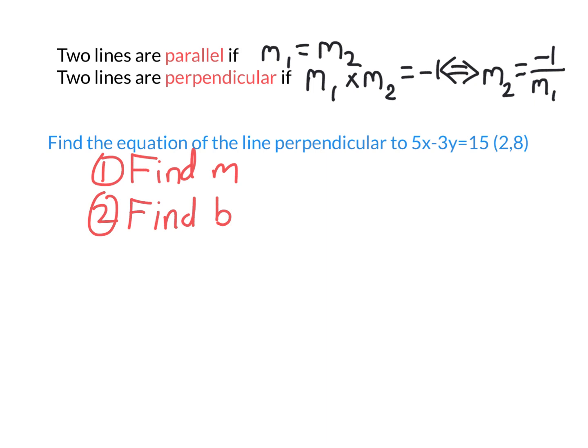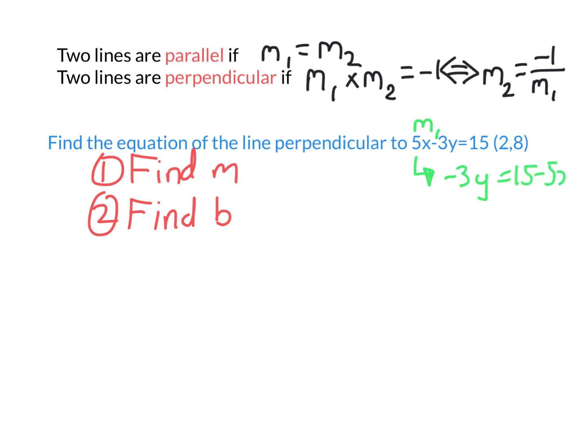On the previous slide, we used the 2-point formula. We don't have 2 points here. Instead, we know that the lines are perpendicular. So let's find the gradient of this line first. This will be our m1, gradient of the first line. Okay, so to do that, we need y by itself. So what I'm going to do is subtract 5x from both sides.